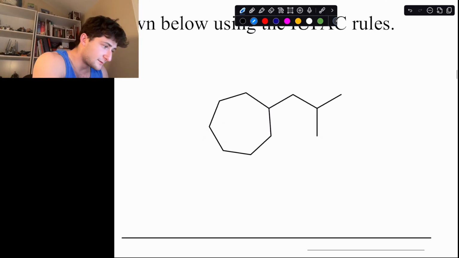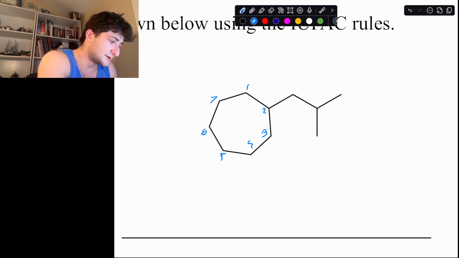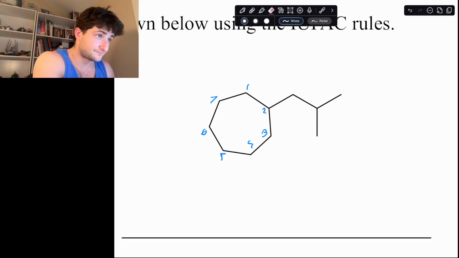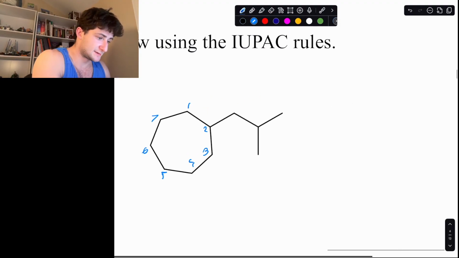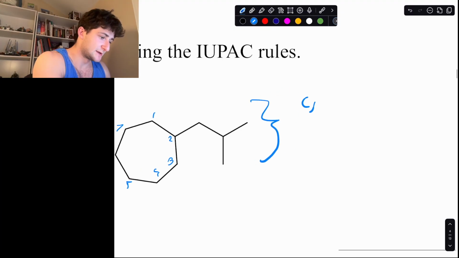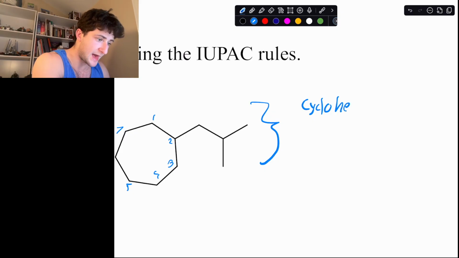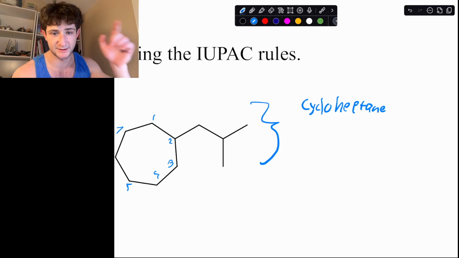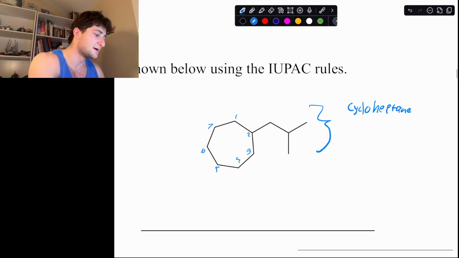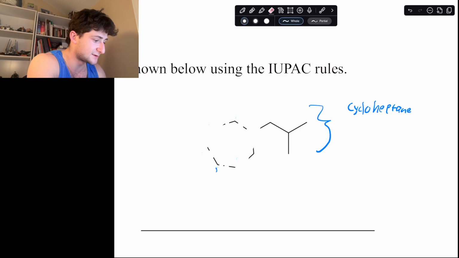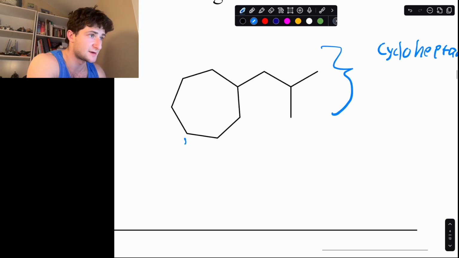So 1, 2, 3, 4, 5, 6, 7. Okay. So this is a cycloheptane because there's 7 and it's in a ring. And I'm gonna get rid of these numbers so that we don't confuse ourselves.